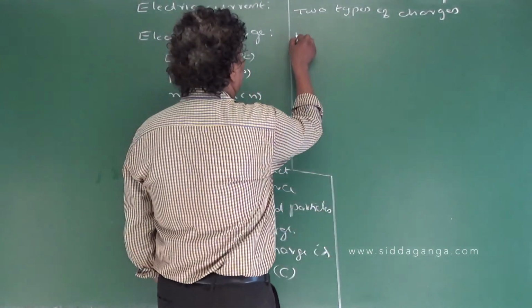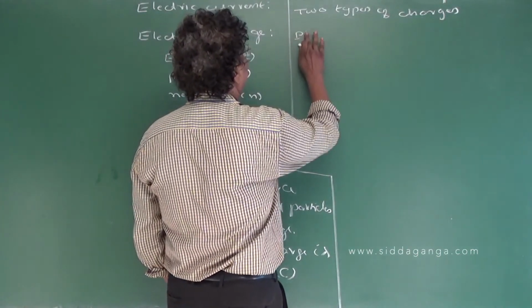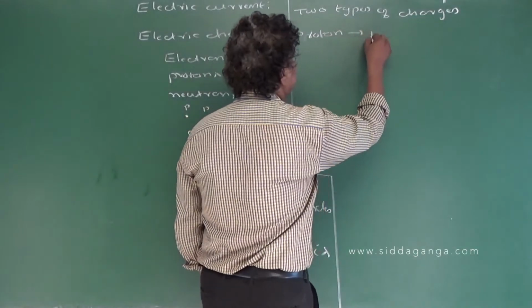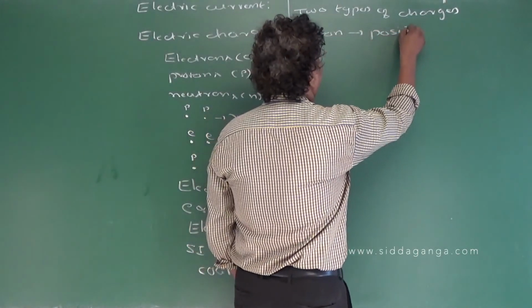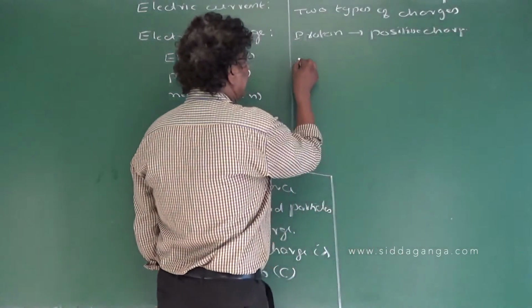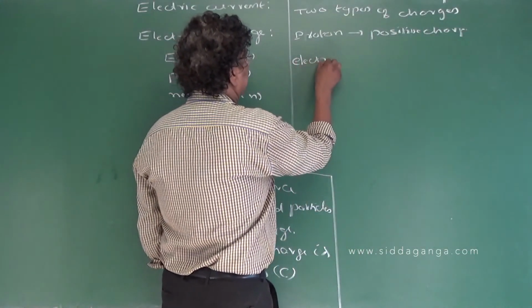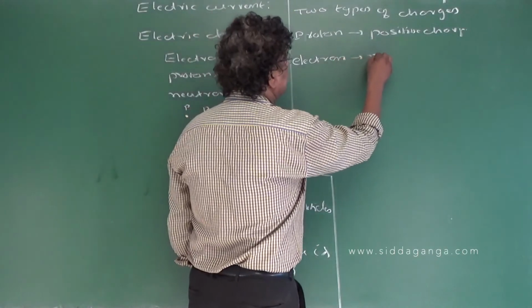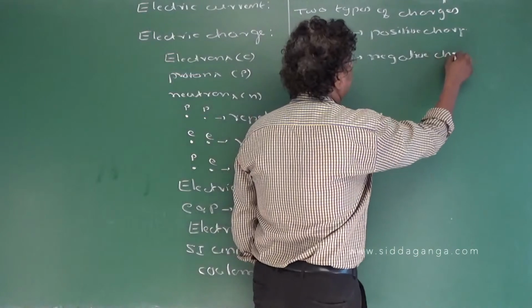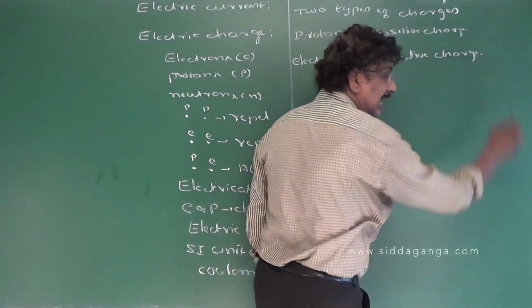So proton has positive charge and electron has negative charge.